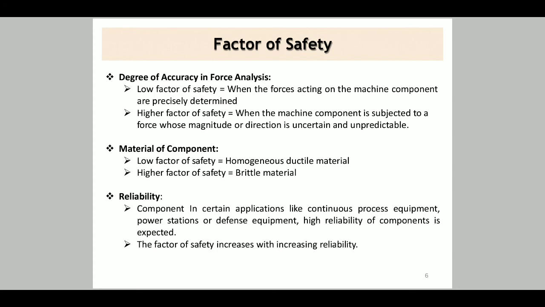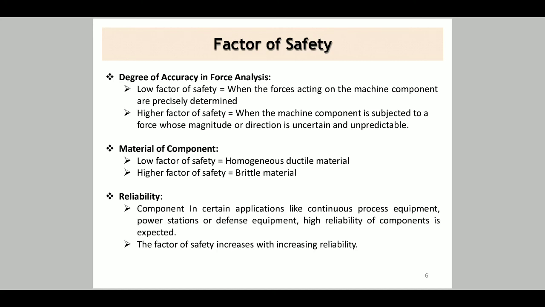Next point is material of component. For the homogeneous ductile material, the factor of safety is low, while the factor of safety is higher for the brittle material, as we have seen in the previous diagram of ductile and brittle material. The next consideration is reliability.